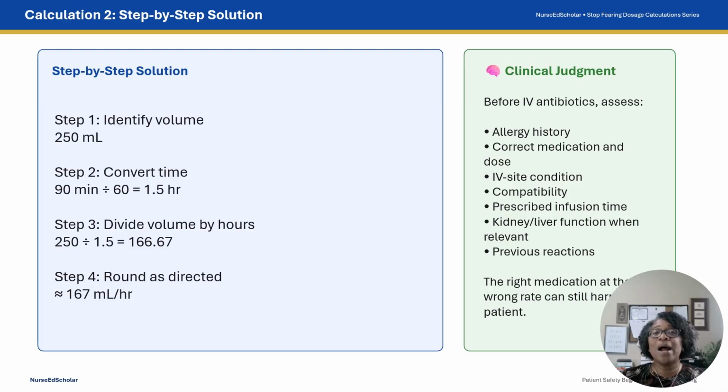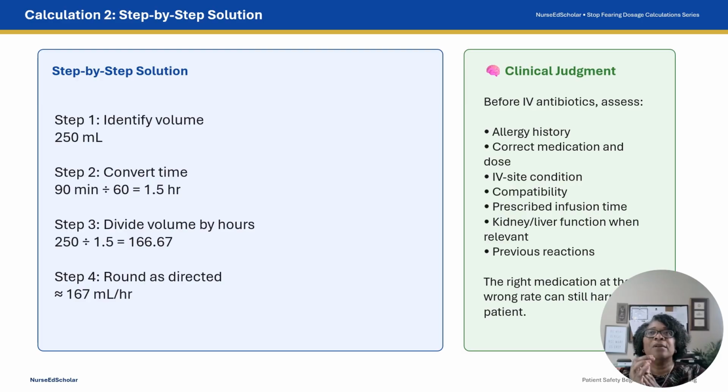So now the problem becomes 250 milliliters over 1.5 hours. So let's set up the calculation. Now we know 250 milliliters in the numerator and 1.5 hours in the denominator. And when we solve it, we get 166.67.